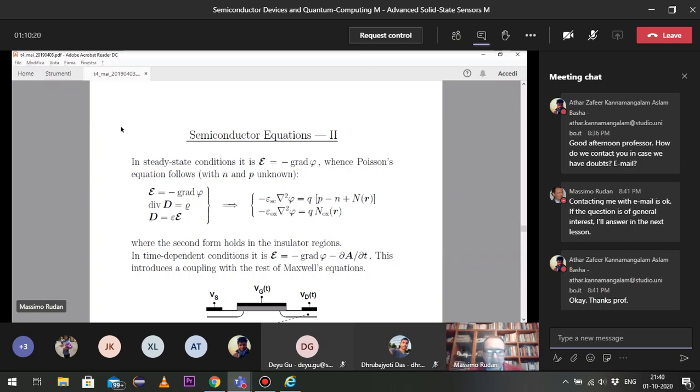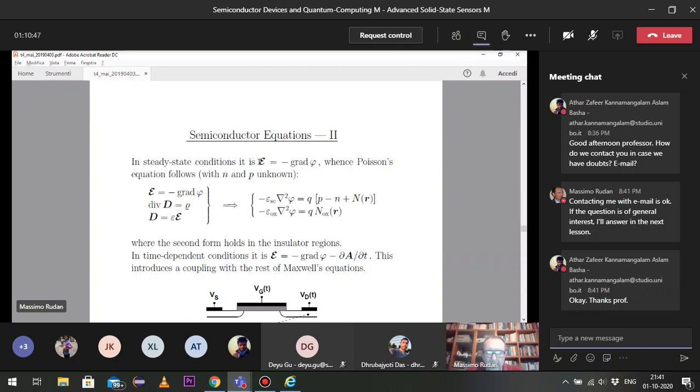So let's examine first the situation in steady state. In steady state, we can still express the electric field as minus the gradient of phi, because the time derivative of the magnetic potential is zero, because we are in steady state.